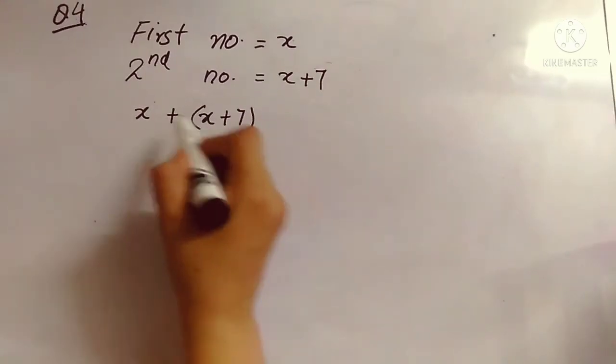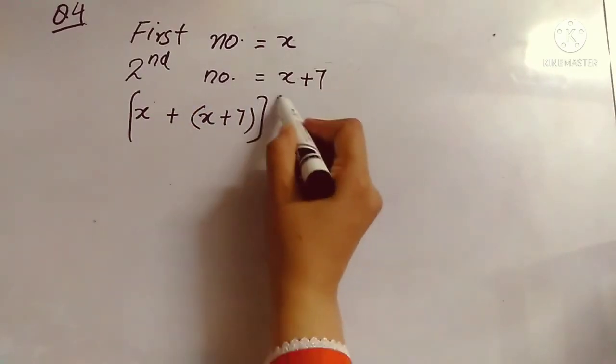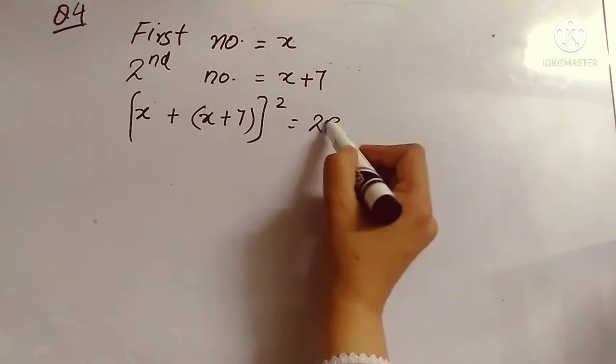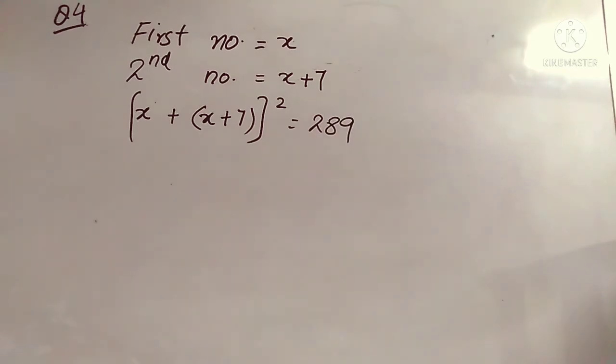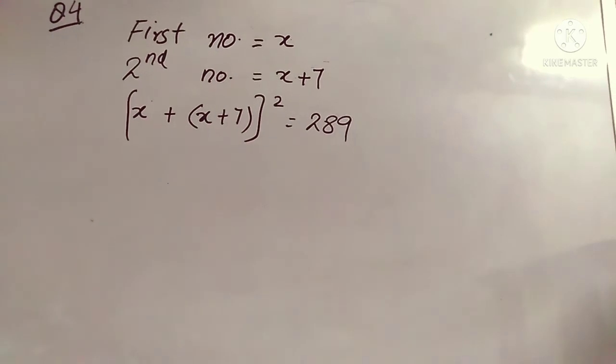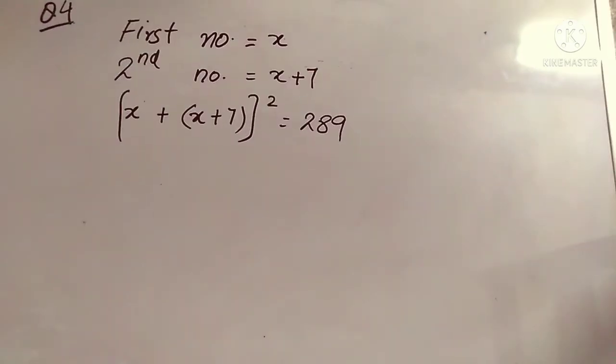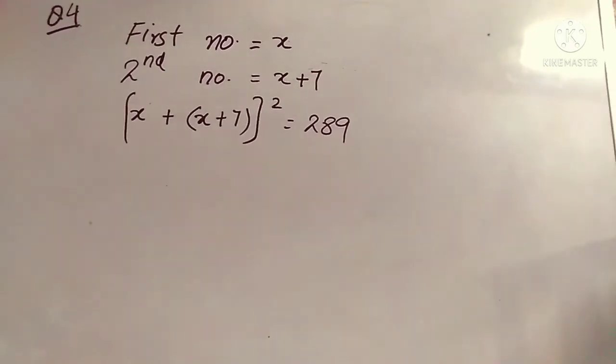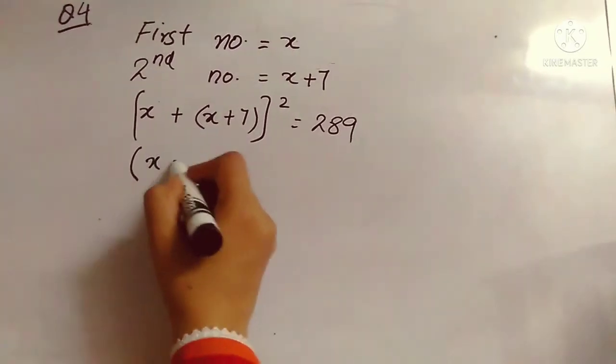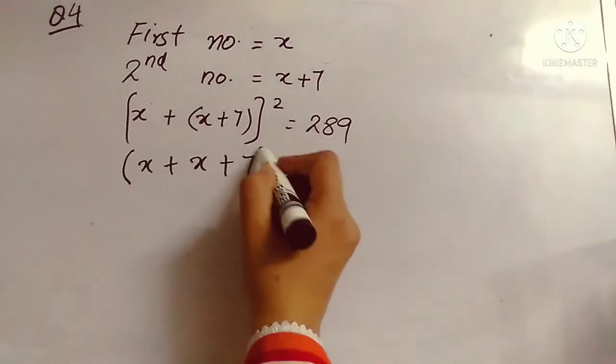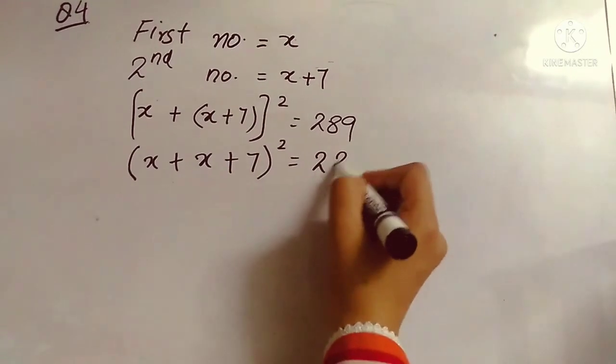So their sum would be equal to x and x plus 7, and the square of their sum is equal to 289. So now we are going to open the bracket. So what we will get, x plus x plus 7 whole square is equal to 289.